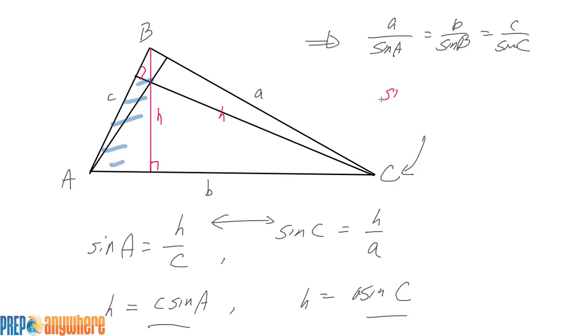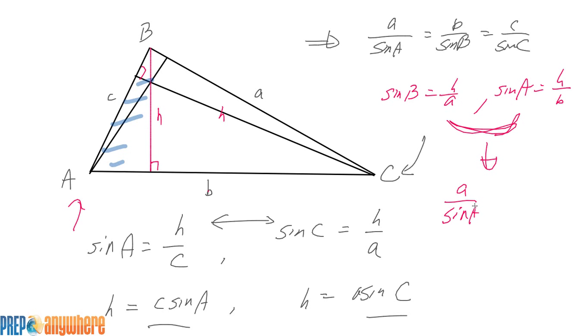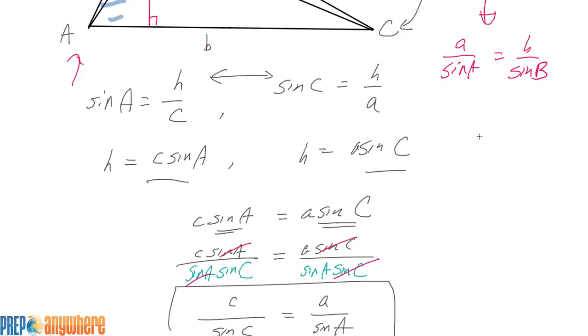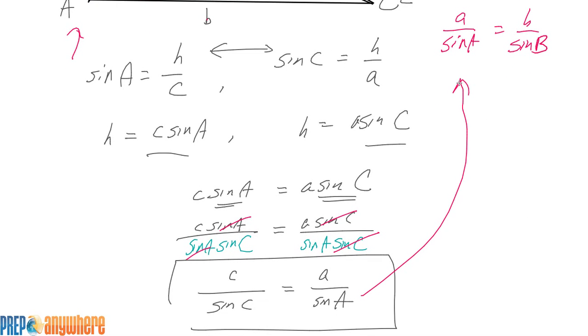So sine of B will be H over A, and sine of A will be H over B. You do exactly the same thing, and you can try this yourself later, and you will get A over sine of A, B over sine of B, and since there's a link here, we can say all three of them are equal to each other. Does that make sense? Okay, that's the proof of sine law.